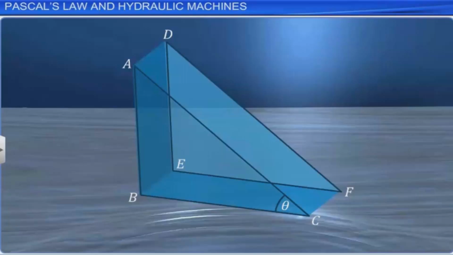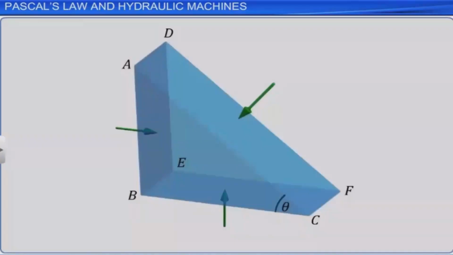We know that the force exerted by the rest of the fluid on the element is normal to the surface. Let FA, FB and FC be the normal forces acting on the three rectangular surfaces of the prismatic element.